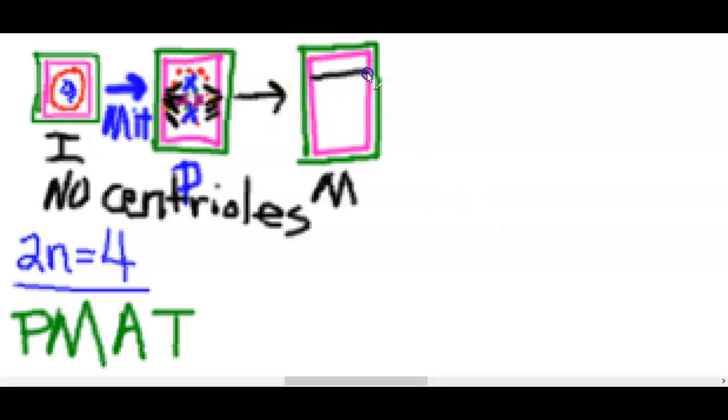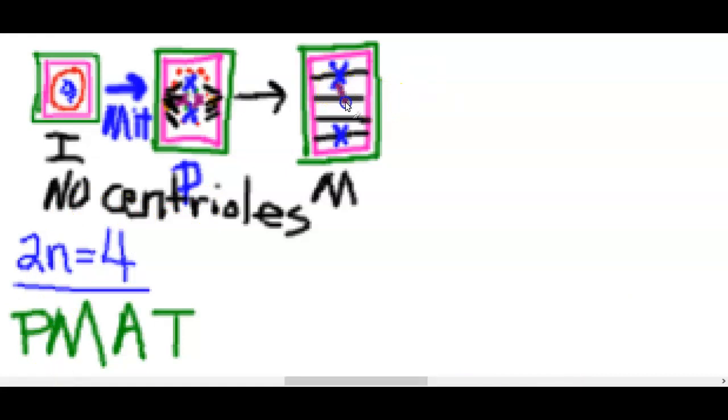These spindles are going to be all the way across. And these dyads are going to line up single file. Alright, so I'll put a blue one here. This time I'll put a blue one here, just to show you that it doesn't matter how they line up. Then I'll put the other ones in there.